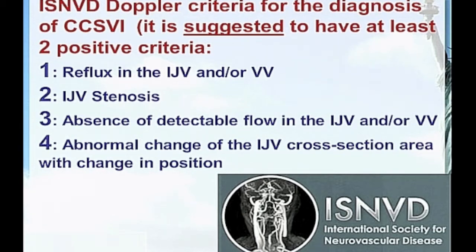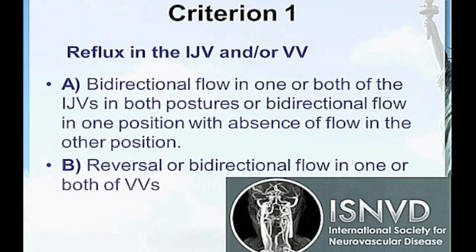Importantly, intracranial vein assessment has not been included because this examination was thought to be very difficult to do, and also a special machine should be used, which is not widely accessible. So the new criteria are reflux in the internal jugular veins and the vertebral veins.